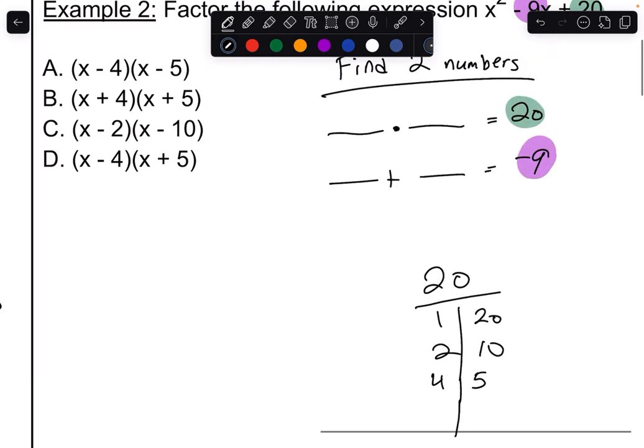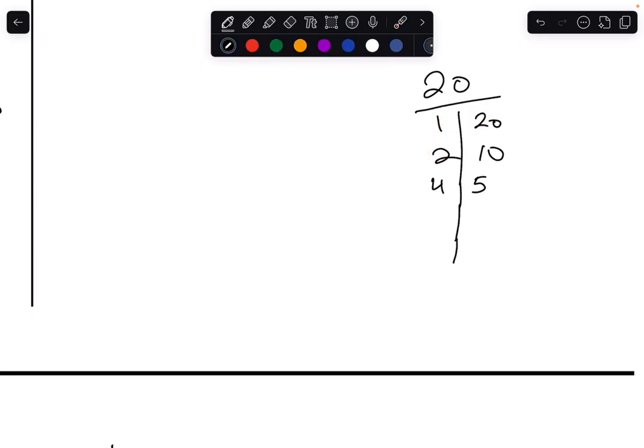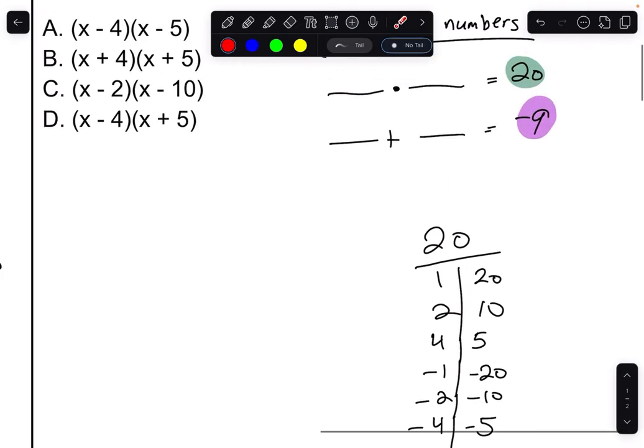Now we do notice they're also going to add up to be a negative. But how can they add up to be a negative and still multiply to be positive? Well, do notice a negative and a negative still multiply to be a positive. Same thing for all these. From there, we have a list of 6 possible options. That narrows it down a lot. One of these options has to also add to be -9.